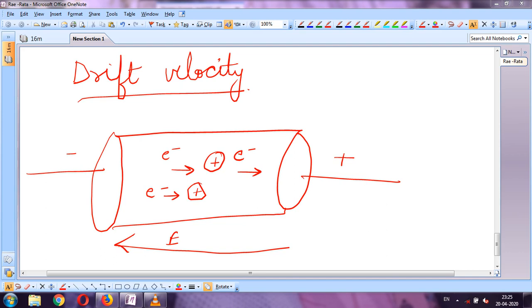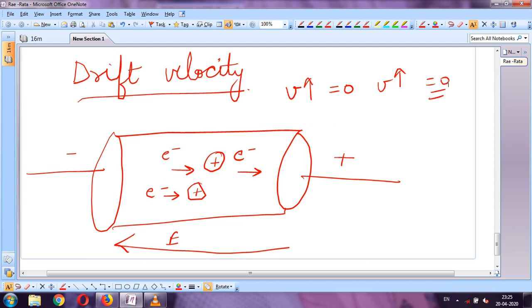So what is actually happening? The velocity again and again is increasing and becomes zero, then again it increases, then again it becomes zero. This happens with all the electrons, and they will achieve different maximum velocities, and ultimately it becomes zero.